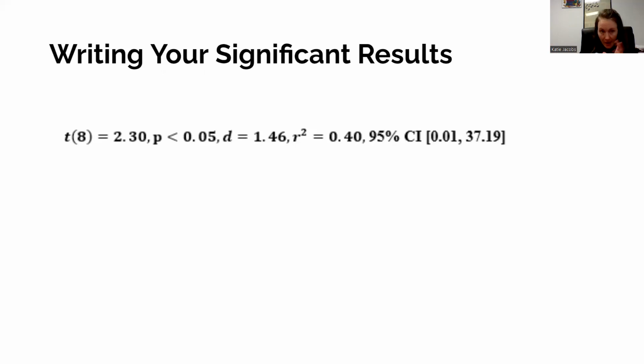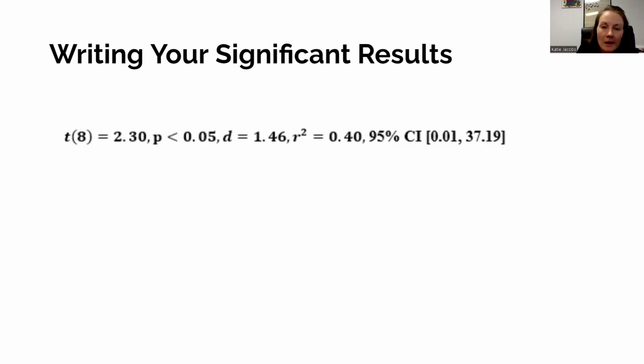So you'll have your test statistic, and then you'll have open parentheses, you'll put your degrees of freedom, and close parentheses, you'll put equal. Then you put your test statistic value that you calculated with the formula. If you had significant results, then you're going to have a comma, p less than your alpha level, which is 0.05. Then you put your Cohen's d, whatever value you calculated from that formula. So let's pretend it was 1.46.